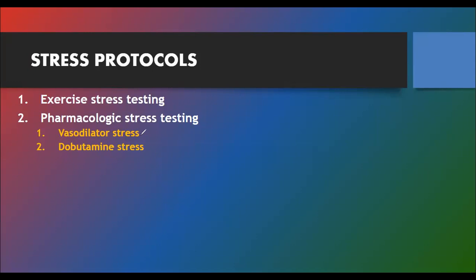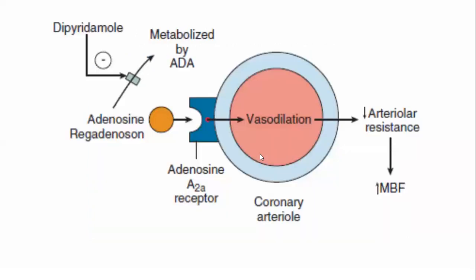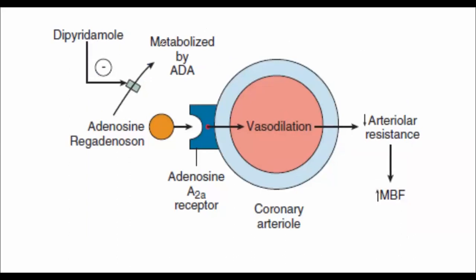In the vasodilator stress testing, we have three vasodilators, that is dipyridamole, adenosine, and regadenoson, which we can use to dilate the vessel. Their mechanism is almost the same. When dipyridamole is given, it is going to inhibit the enzyme adenosine deaminase, ADA.